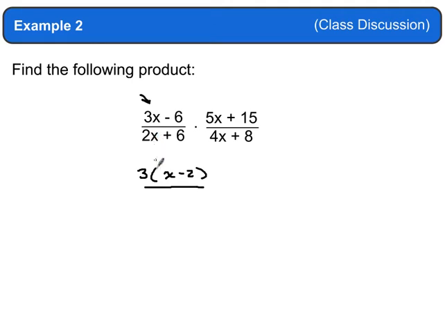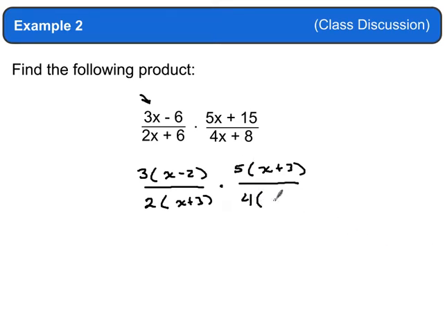The denominator's greatest common factor is a 2, so we end up with an x plus a 3. The next numerator's greatest common factor is a 5, so this is an x plus a 3. And then the denominator is not a 2 but a 4.